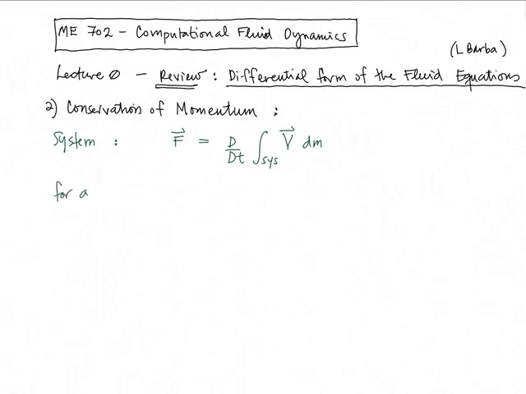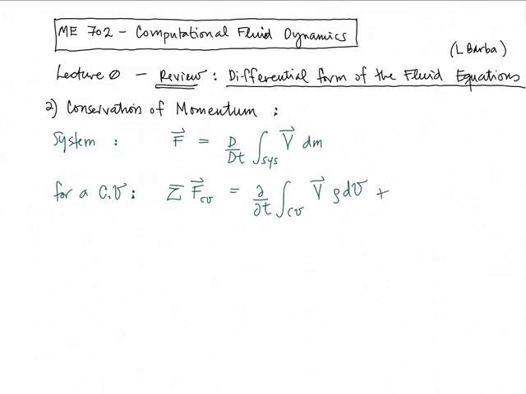For a control volume, as before, one can use the Reynolds transport theorem to write the conservation of momentum in integral form. And so for a control volume, we can write the sum of forces for the control volume is equal to, first, the unsteady term, partial derivative with respect to time of the integral in the control volume of the momentum, which is velocity times rho dV, which is our element of mass.